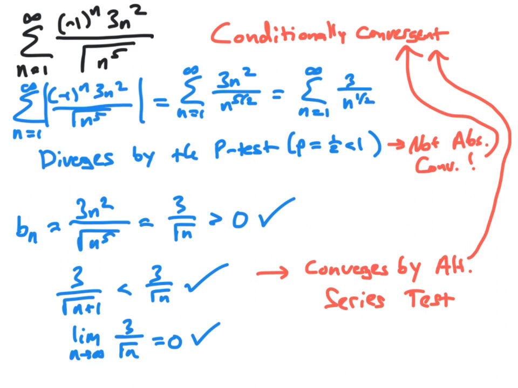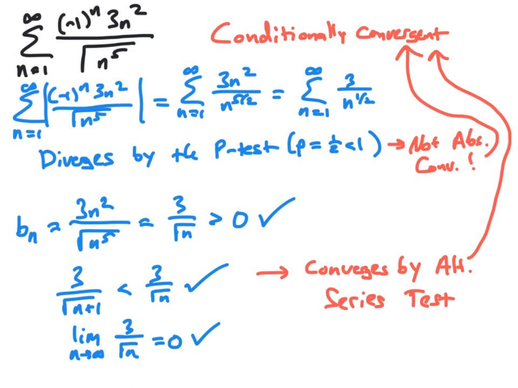Here, b sub n will be the non-negative part of that series, the 3n squared over the square root of n to the fifth, which, as we've simplified above, is equal to 3 over the square root of n, or 3 over n to the 1/2. This expression is always positive when n is positive. We know that 3 over square root of n plus 1 is less than 3 over the square root of n, because the square root of n plus 1 is a larger denominator than the square root of n, and so our terms are decreasing.